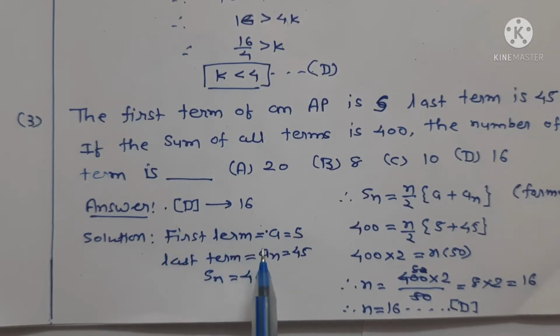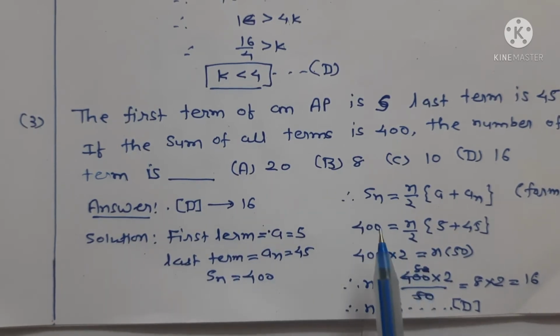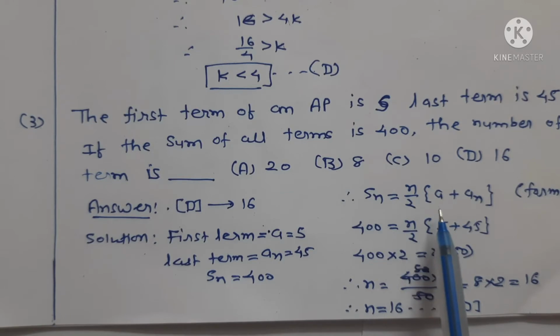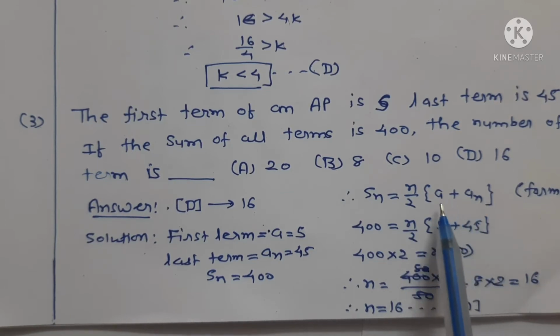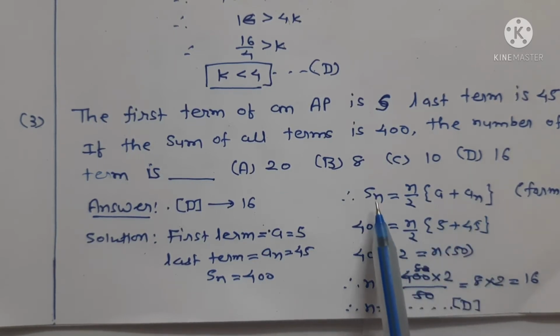First term a equal to 5, last term an equal to 45, sum of n terms equal to 400. We know the formula Sn equal to n upon 2 into a plus an, first term plus last term. But Sn equal to 400 is given.